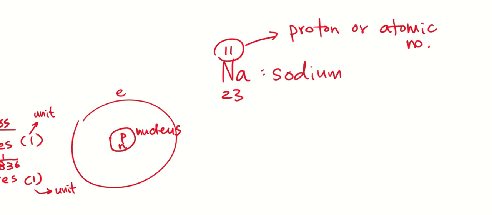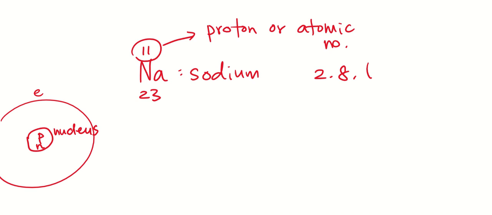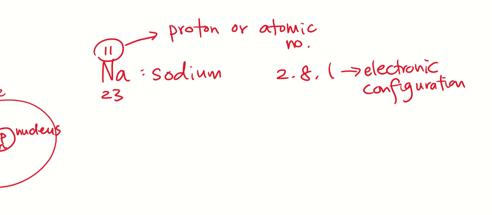I hope when I write this, you remember what it is. 281? How do I get 281? What is this 281 for? It is called the electronic configuration. You need to know this.